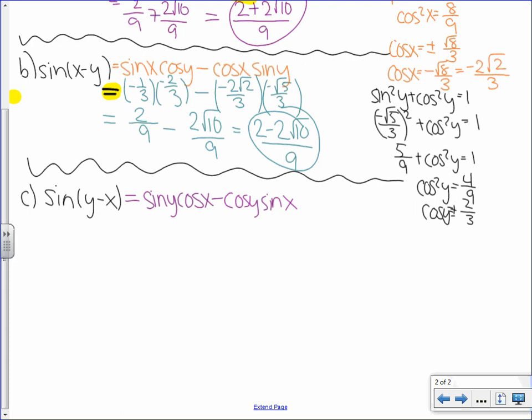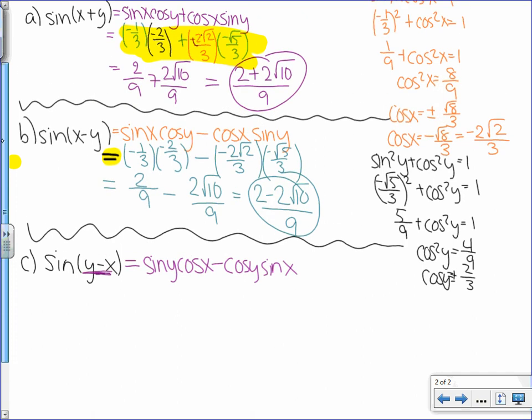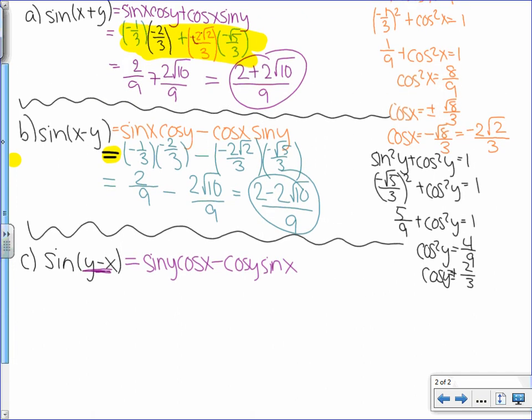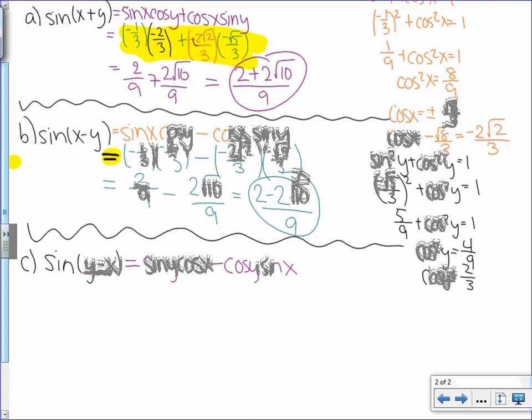Now because the y came first in the difference formula right here, the y comes first when I start expanding my formula. So notice this is not the same thing that we had in parts A and B. If you look, it's almost the same though.